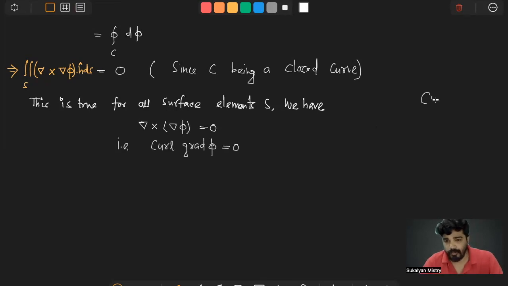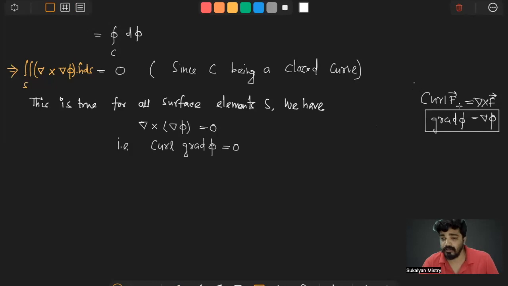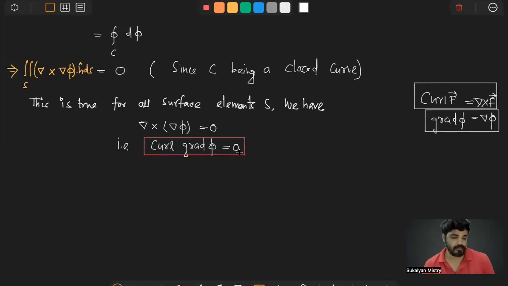Look, curl f means del cross f. So curl grad phi is del cross grad phi. Grad phi is a vector, and grad phi is represented by del phi. Curl f is del cross f. So del cross grad phi is curl grad phi. Okay, so we have proved this result.